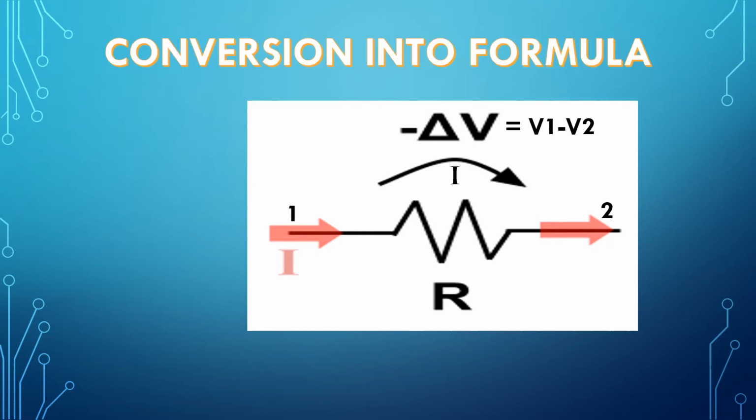So this is how Ohm's law is converted into a formula. Ohm's law states that I, or current, is proportional to the voltage.